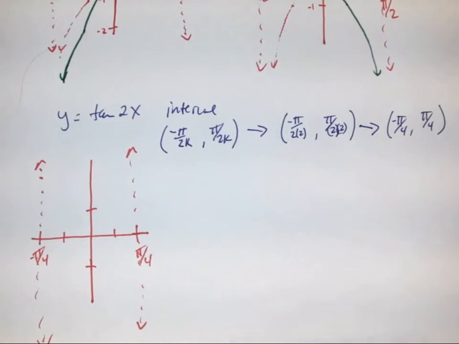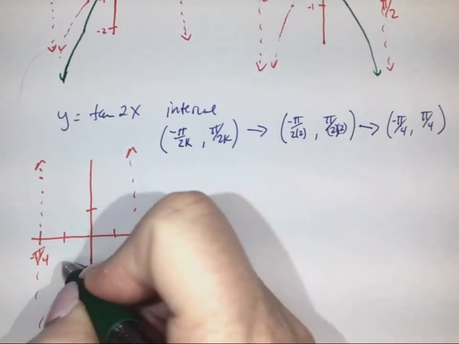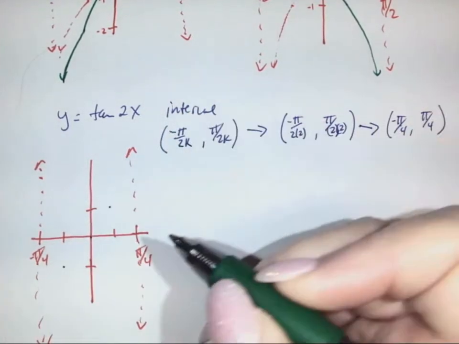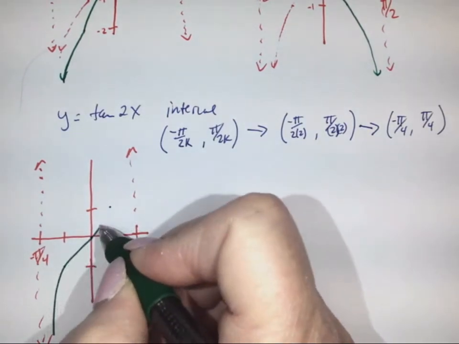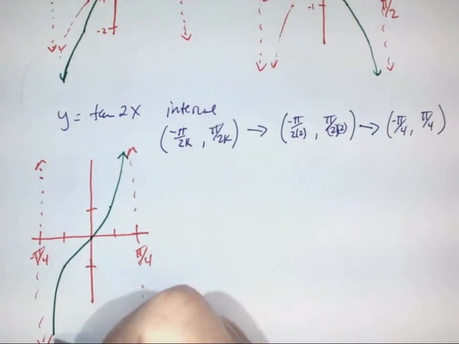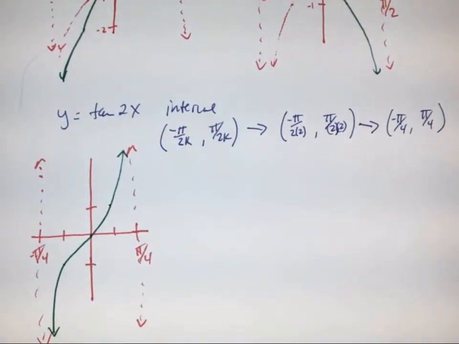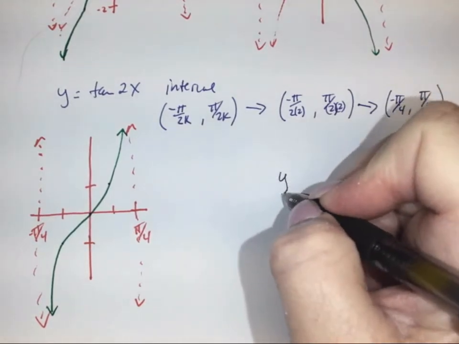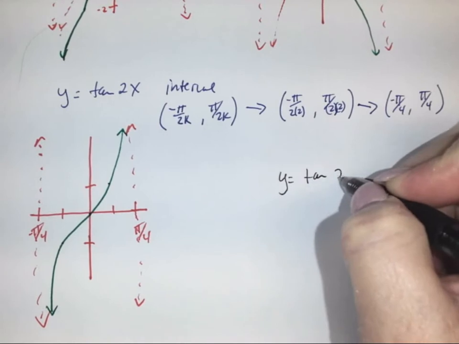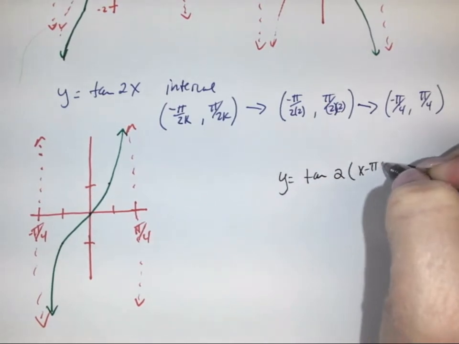All right, so we are landing about here, here, and here. So we're going to come in and do that. All right, so that would be that graph. Now let's look at y is equal to the tangent of 2 times x minus pi over 4.